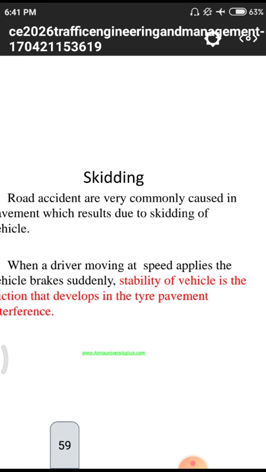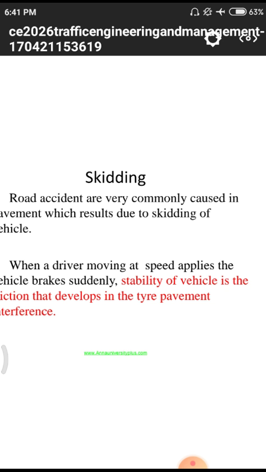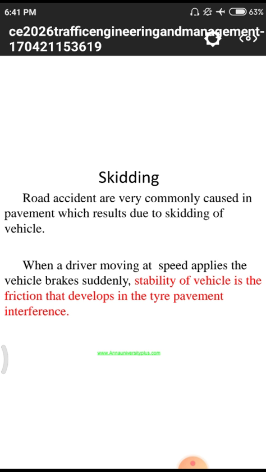Next thing we have to know is what skidding is. Normally skidding means whenever we are moving at a huge speed and we suddenly stop at a particular point, due to those forces we have to travel for some time. I will give a small example. Particularly on TV channels, we observe running races.